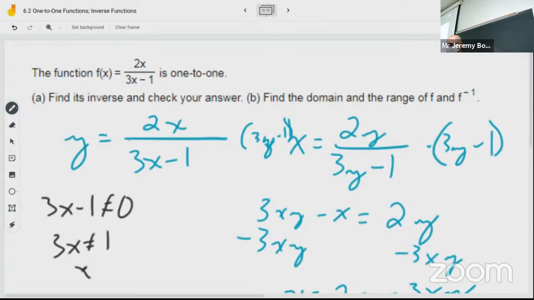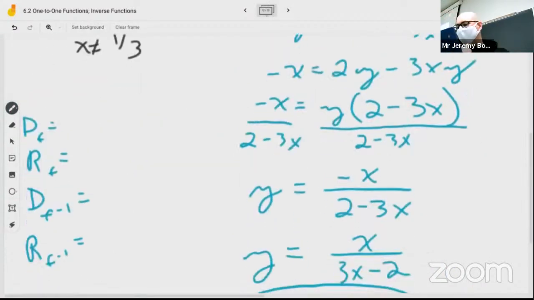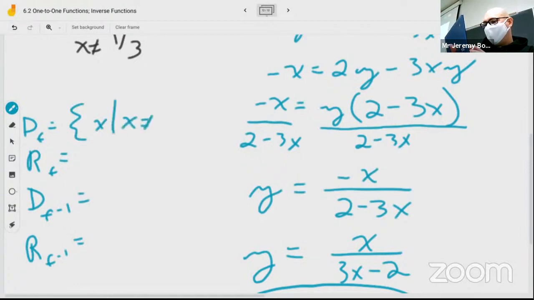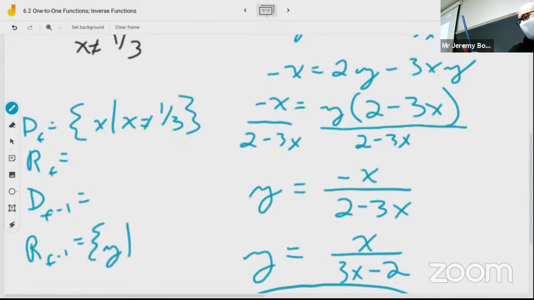Divide by 3, x cannot equal 1/3. So the domain of my original function can be x such that x cannot equal 1/3. What else does that tell us? Yes. So the range of f inverse is going to be what? y such that y cannot equal 1/3. Good.